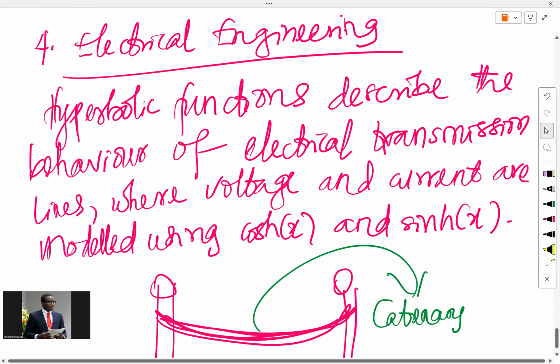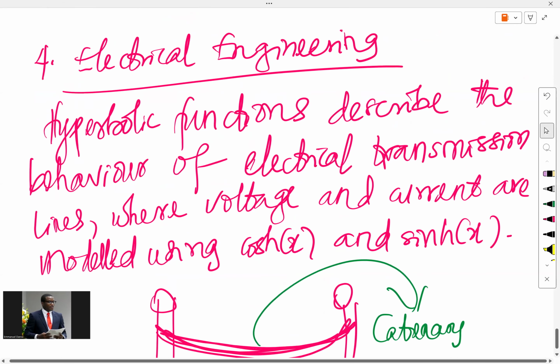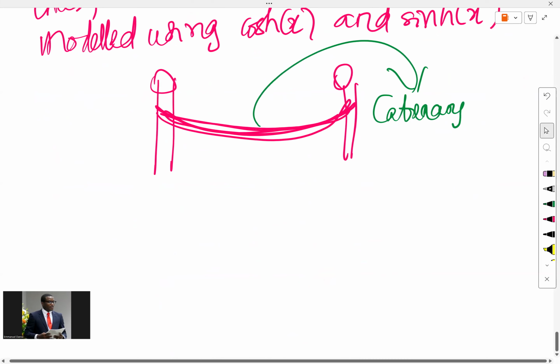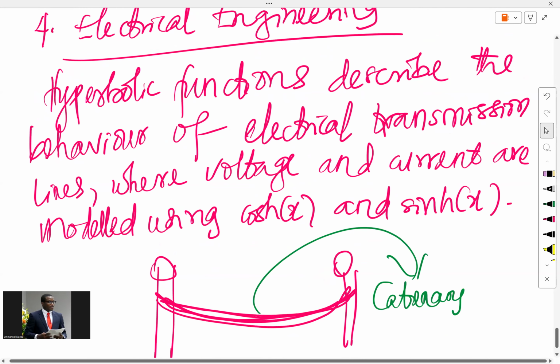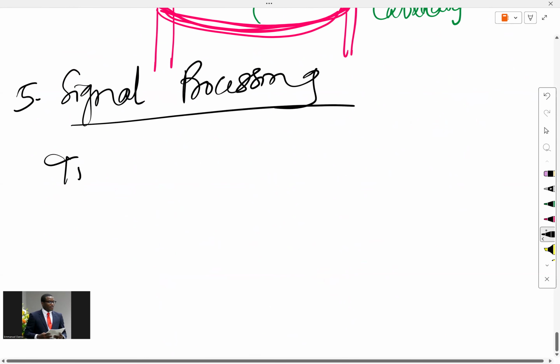So lastly, we talk about signal processing. Number 5. For signal processing, now we talk about trigonometric functions.